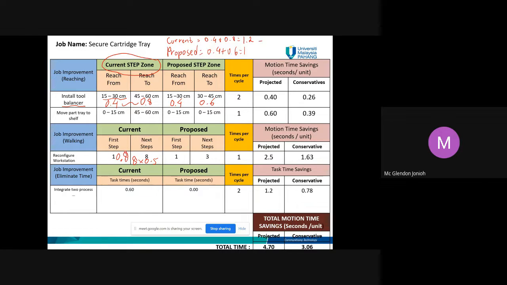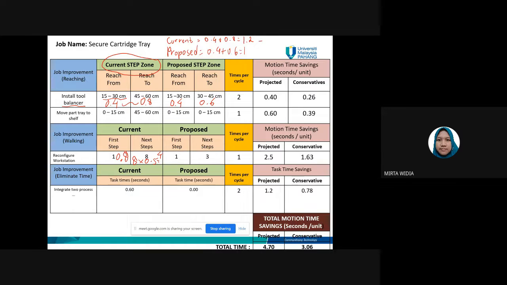4.8? 4. Sorry, yes, 4. The total is 4.8, right? This one is 4.